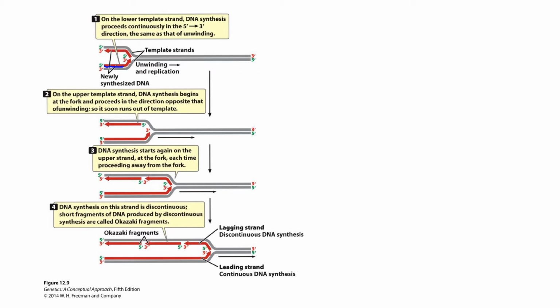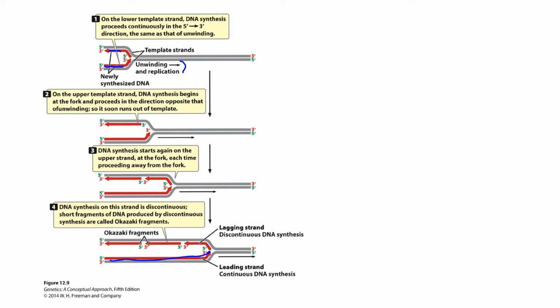Now, as the DNA unwinds, the bottom strand, which goes from 5' to 3', follows the replication fork. As the replication fork unwinds, the strand is continuously synthesized, and we call this strand right here the leading strand, and this synthesis is continuous DNA synthesis. The opposite strand you see on the top basically cannot go the opposite way. As the fork unwinds, it has to start a new synthesis.